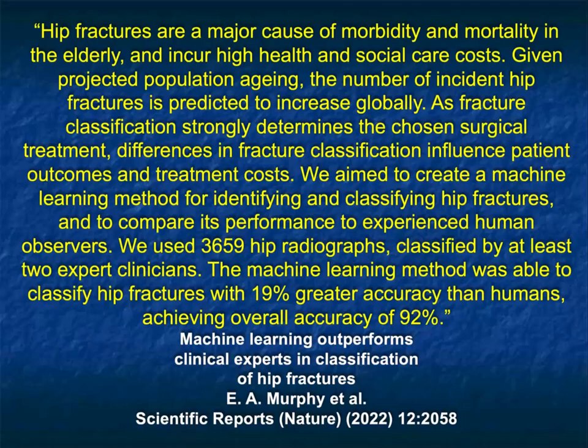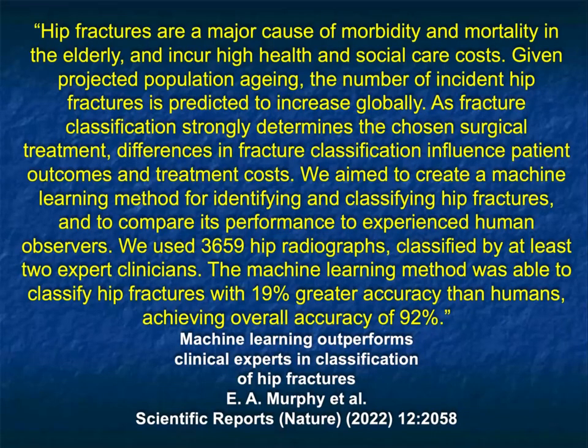Now, lots of work has also been going on in musculoskeletal imaging. Some of the initial AI applications were approved for fracture detection, simply fractures in the wrist. This article looked at machine learning looking at hip fractures. Hip fractures are a major cause of morbidity and mortality in the elderly and incur high health and social care costs.